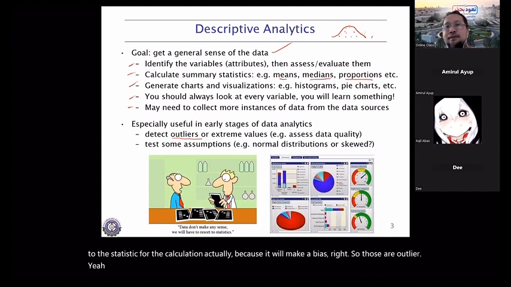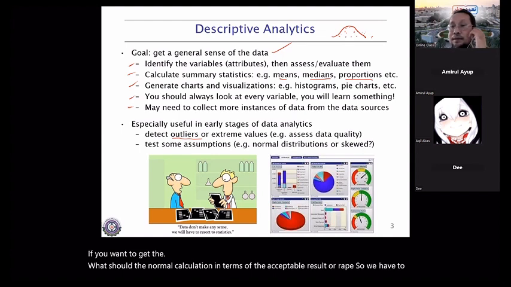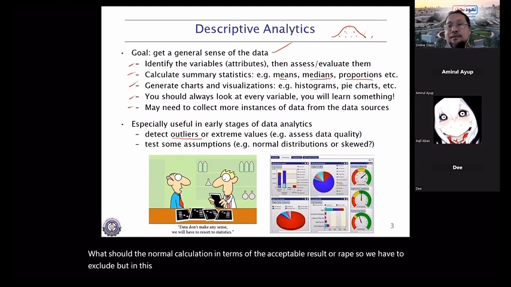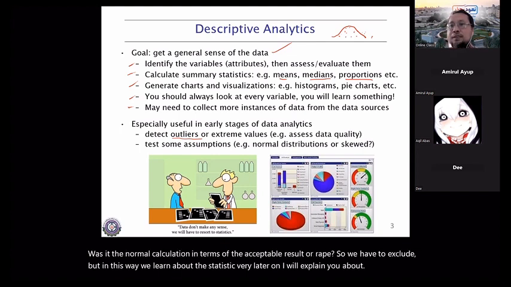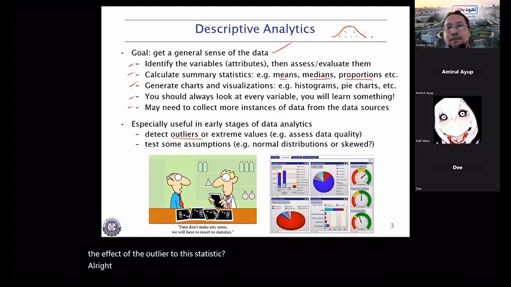If we want the normal calculation, in terms of an acceptable result or rate, we have to exclude them. Later on, I will explain the difference between the median, the mean, and the mode, and what the effect of the outlier is on these statistics. All right, statistics or descriptive analytics.